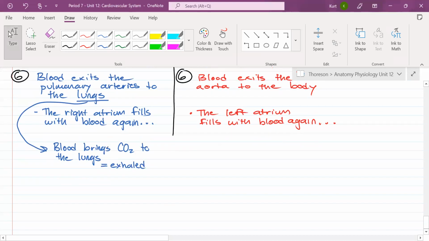You return it to the atmosphere, and the plants and the autotrophs will use it. What does your blood get from your lungs? It's dropped off the CO2. What does it pick up? Right. Blood collects O2 from the lungs.